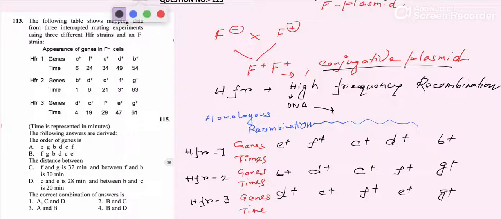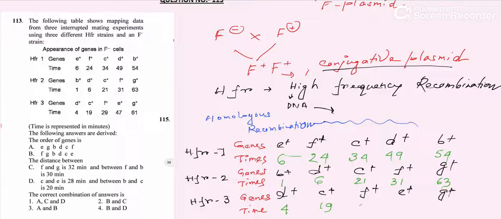Every time they have shown a time: for the first Hfr strain 24, 34, 49 and 54; for the second 1, 6, 21, 31 and 63; and for the last 4, 19, 29, 47 and 61.